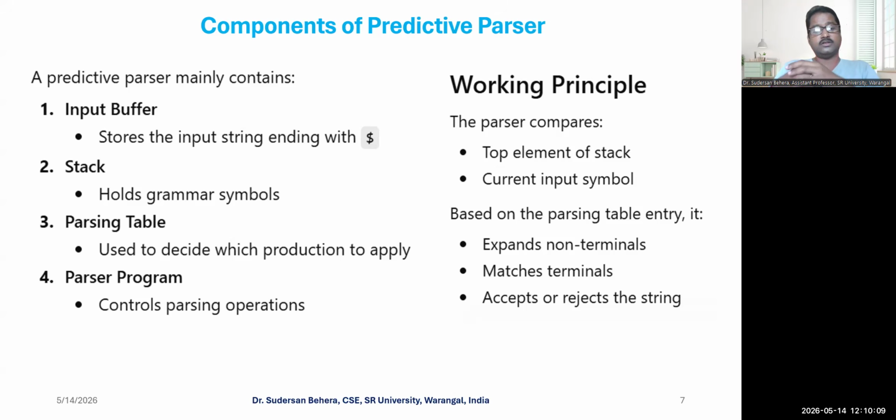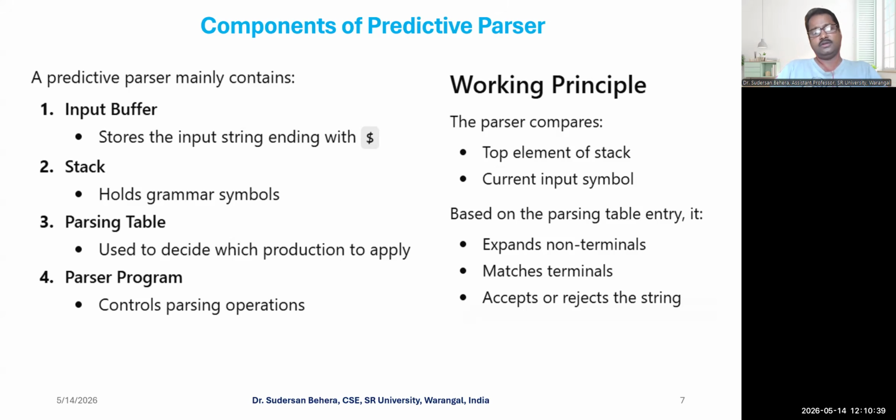If a match does not occur, I mean the input symbol is not equal to the stack top, then what does it do? It tries to expand the top of the stack, because the top of the stack, if it is not an input, may be a non-terminal or a terminal. If it is a terminal and not matching, then there is an error in the input. If it is a non-terminal, then that non-terminal needs to be expanded with its right production.